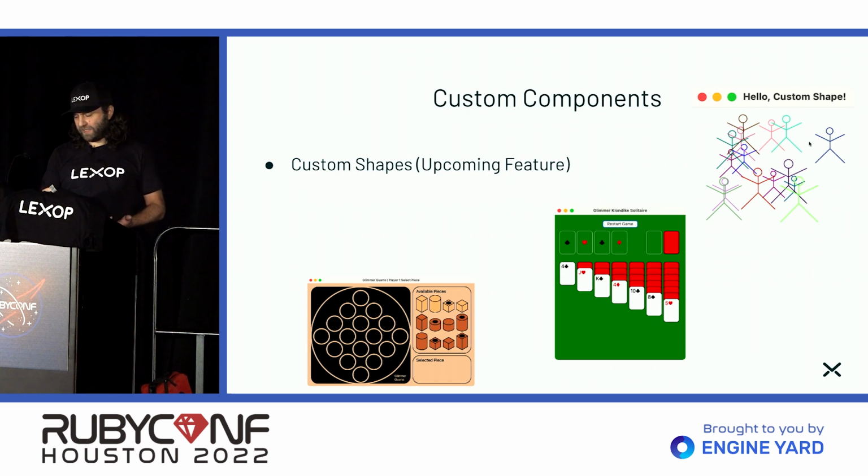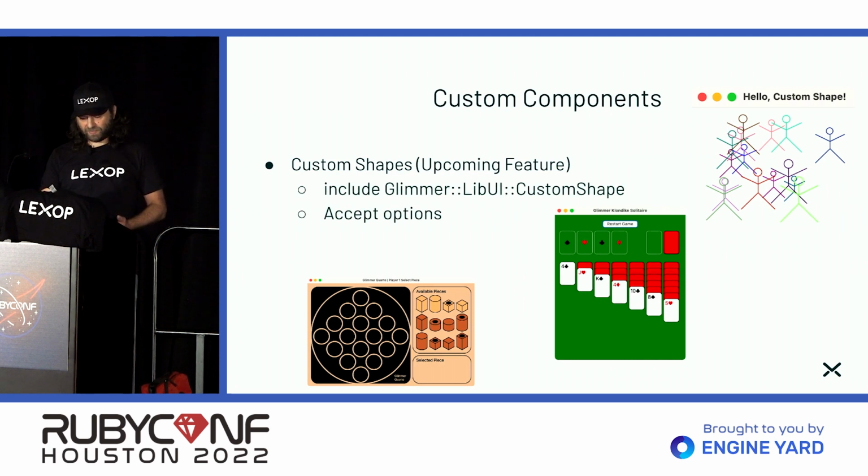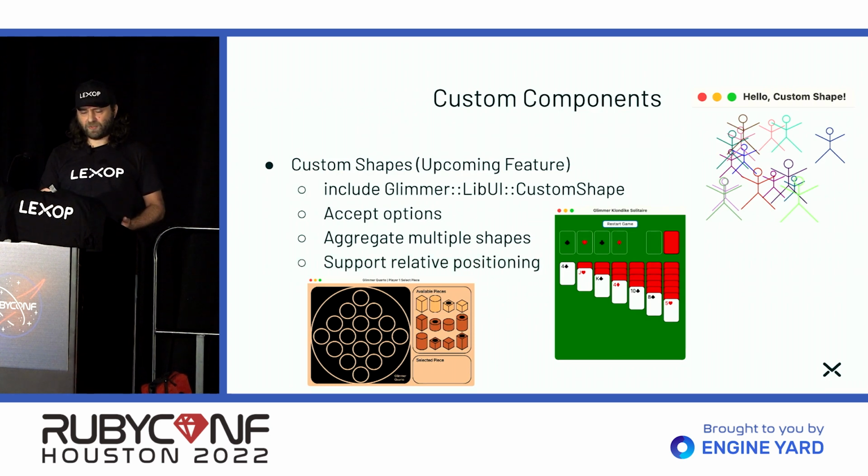And you can obviously customize the size of it, the color, etc. This is an upcoming feature in Glimmer DSL for LibUI, but it's a current feature in Glimmer DSL for SWT, which is the final version of Glimmer. So you just include Glimmer LibUI custom shape. It accepts options. It aggregates multiple shapes. It supports relative positioning, which will simplify the code when you're building them.